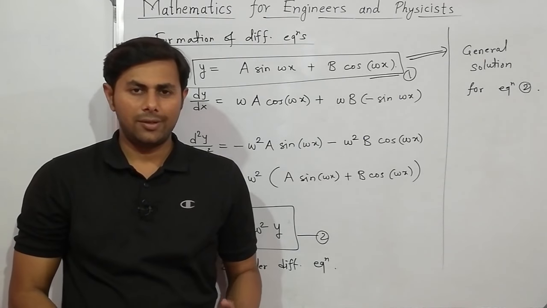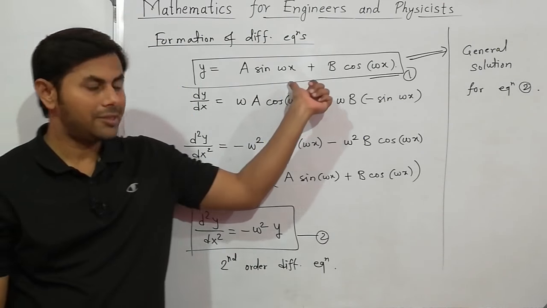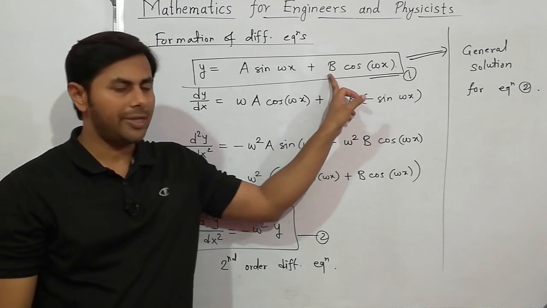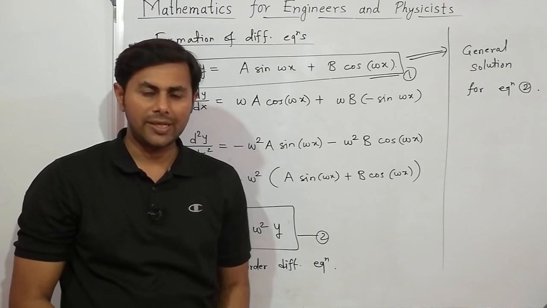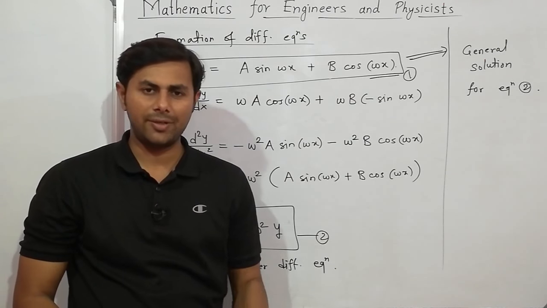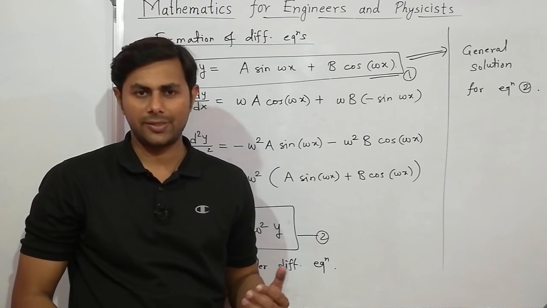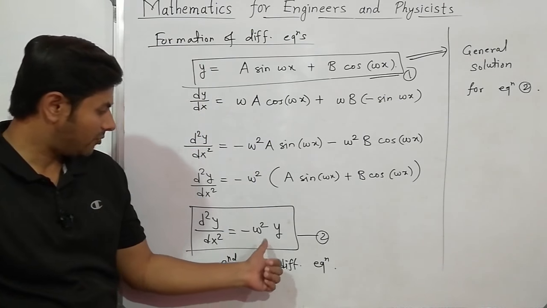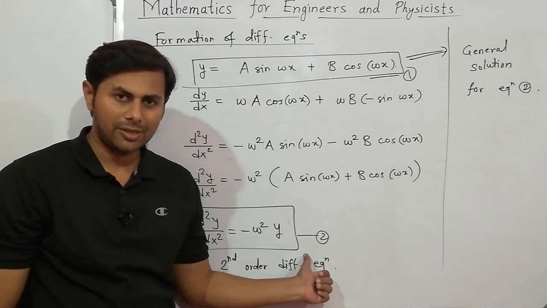Okay, now notice that in this general solution we have these two constants a and b. So before this example we had first order differential equation and its general solution contained one arbitrary constant. Here we have second order differential equation.